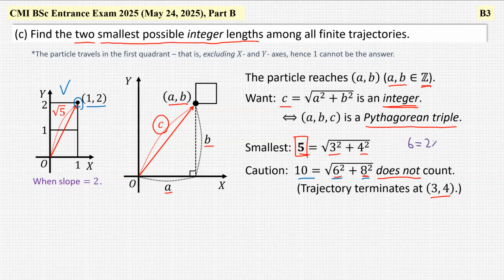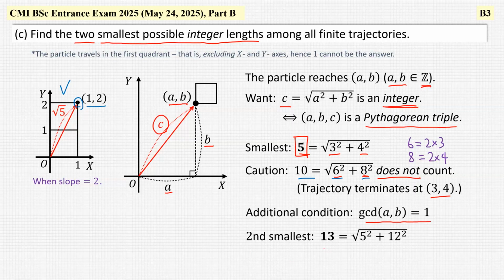This happens because 6 and 8 have a common divisor 2. Therefore, if we want a, b to be the legit terminating point, we need an additional condition that a and b are co-prime. Under this additional condition, the next smaller integer value of c is 13, which comes from the 5, 12, 13 triangle.